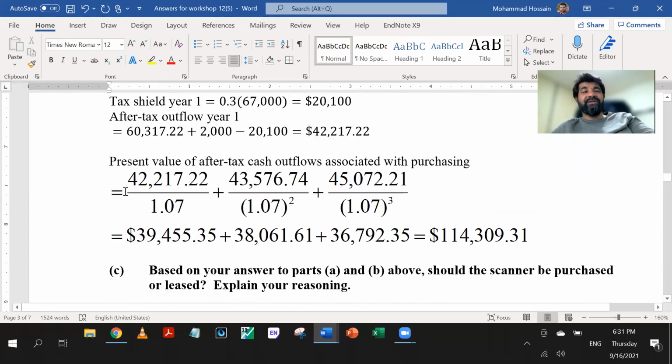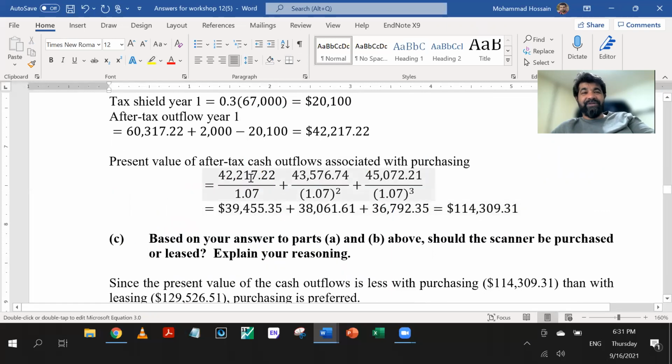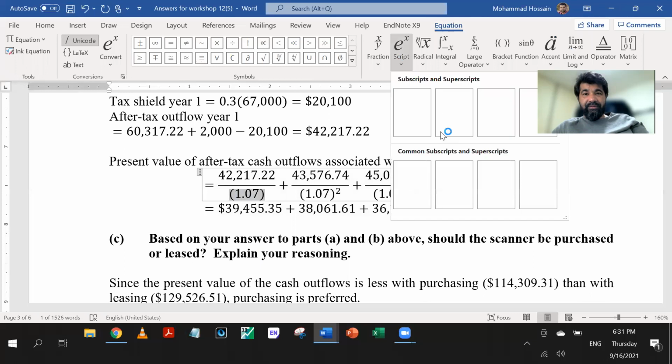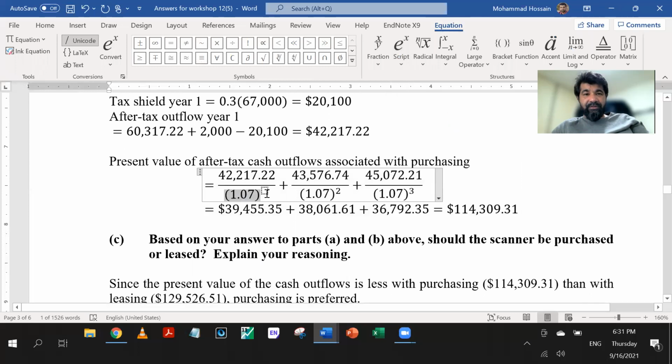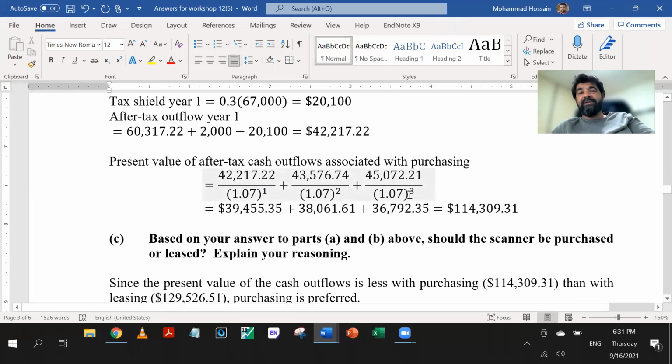Here we apply the normal present value formula: future value divided by (1 plus n) to the power 1, 2, 3.